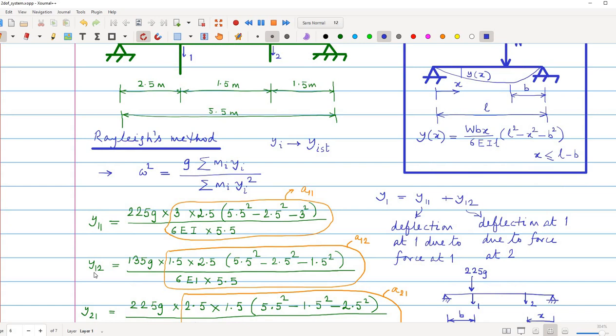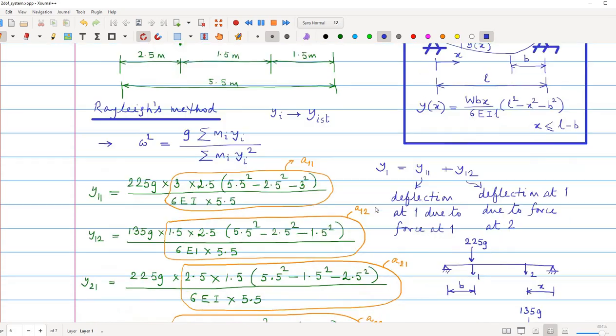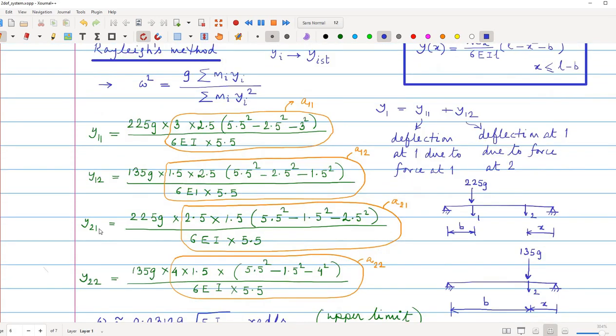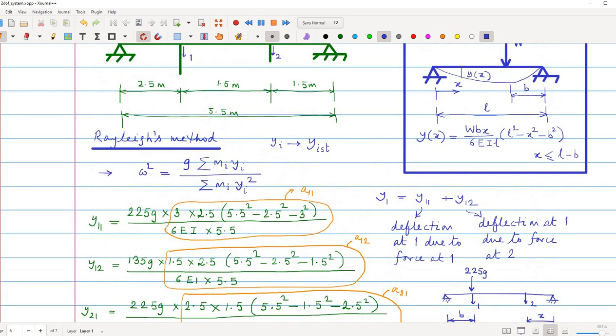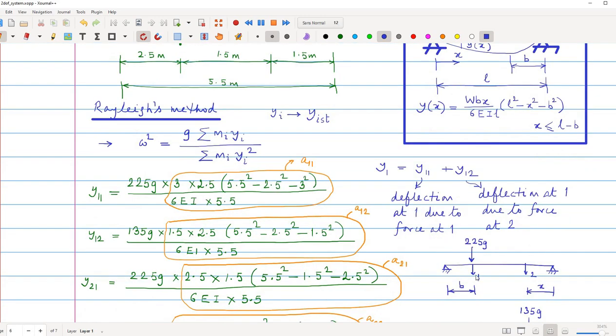So if you sum these two up, then you get y1, and y21 will always be equal to y12, but still if you want to find out y21, that means deflection at this point due to this. Now see, you cannot use the formula like you cannot take x from the left hand side because x is here, so you cannot find out the deflection here.